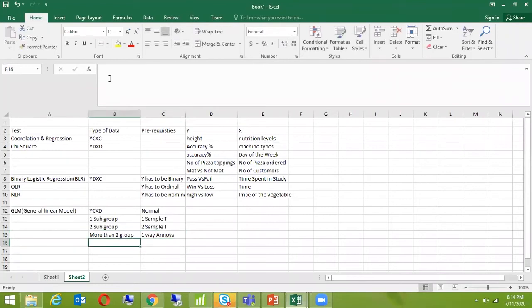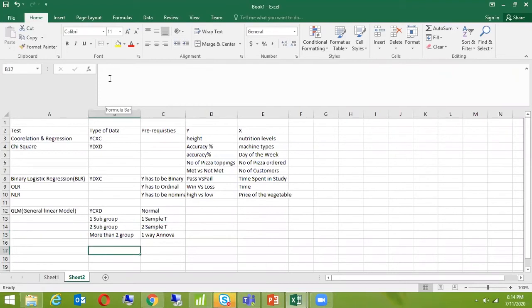Repeating, when my y is continuous and my x is discrete and my data is normally distributed, normal is very, very important here. If I have one subgroup, I will do one sample t. If there are two subgroups, two sample t. If more than two subgroups, one-way ANOVA.